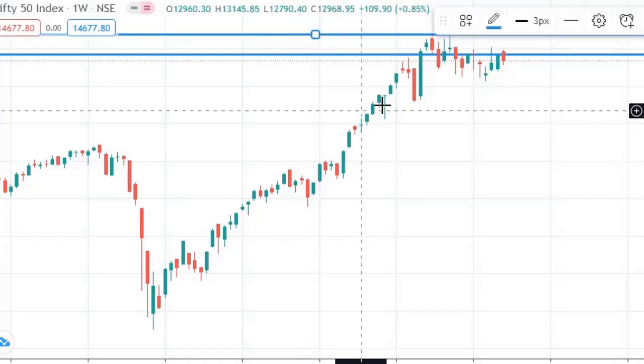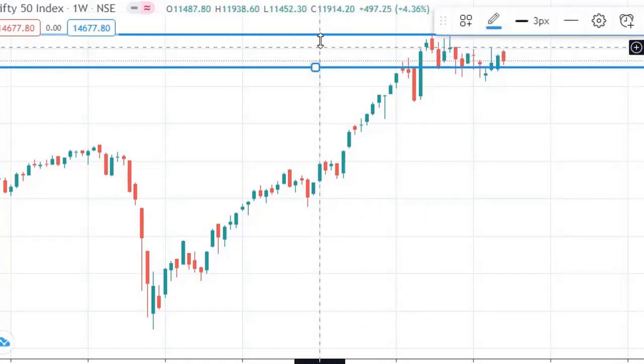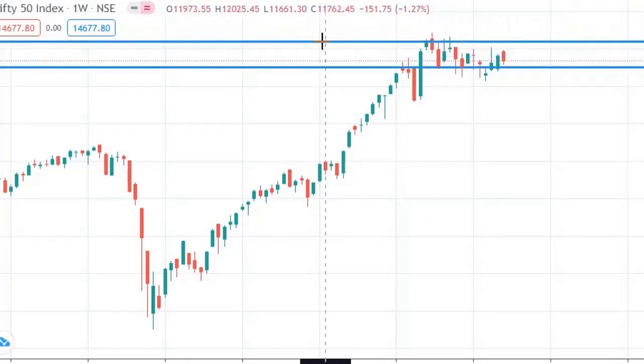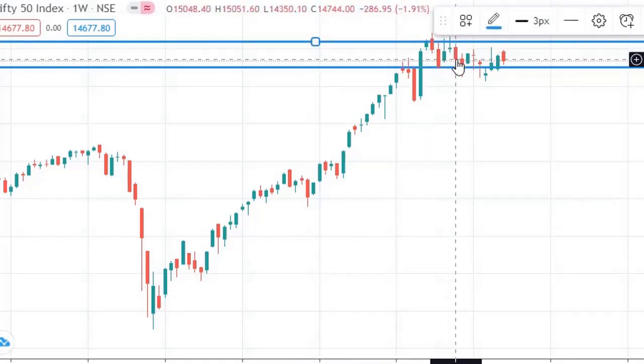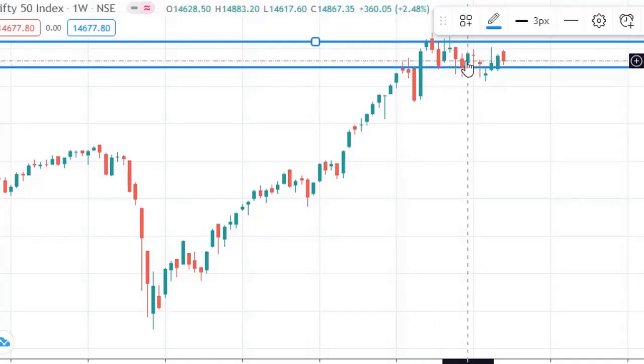Mark it. Now next consecutive subsequent bar close. Mark. Now 1, 2, 3, 4, 5, 6, 7 weeks. It was trading in this range with the negative bias.